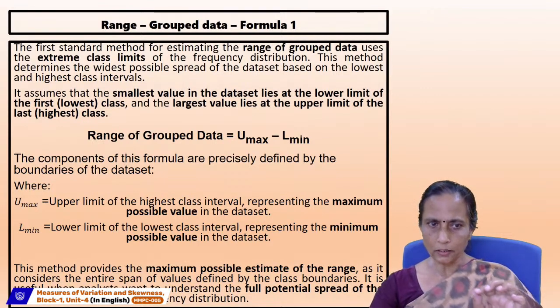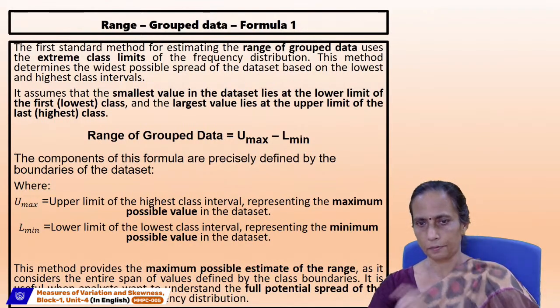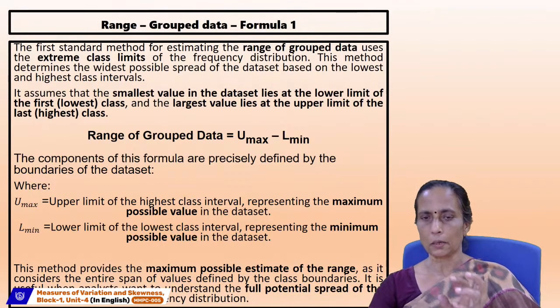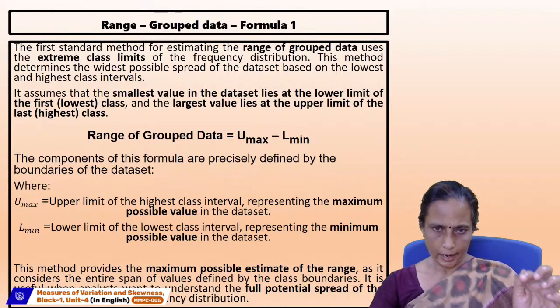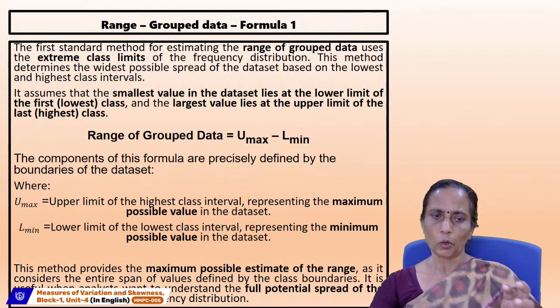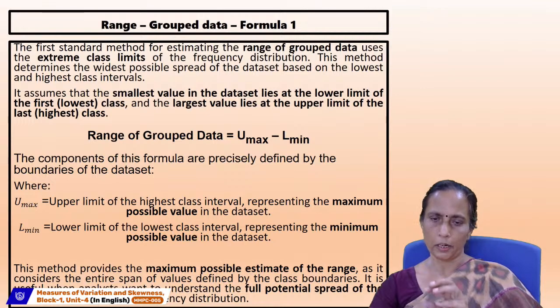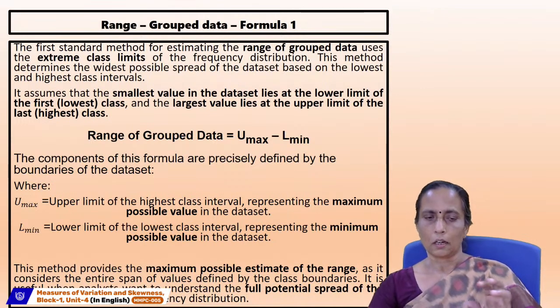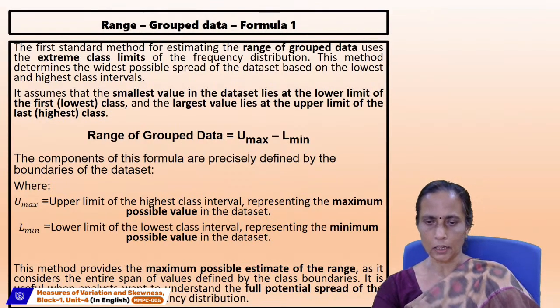The components of this formula are precisely defined by the boundaries of the data set. U max represents the upper limit of the highest class interval, representing the maximum possible value in the data set, and L min represents the lower limit of the lowest class interval, representing the minimum possible value. This method provides the maximum possible estimate of the range, as it considers the entire span of the values defined by the class boundaries.